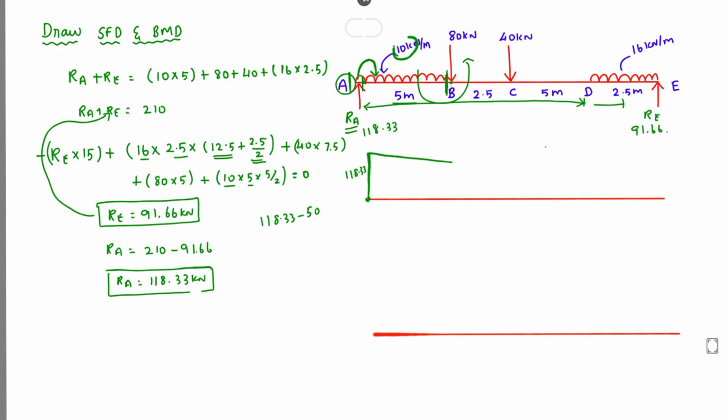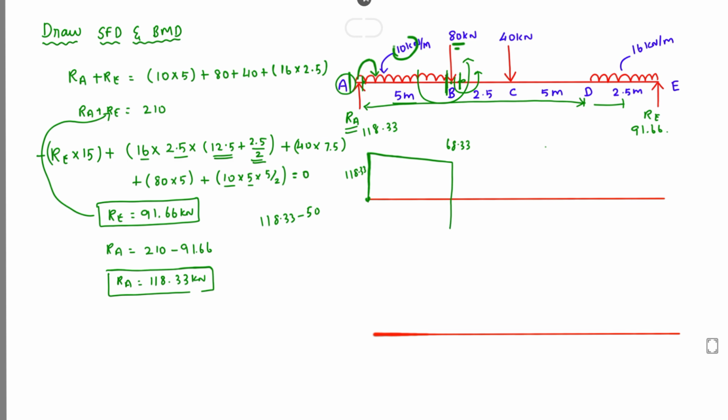Next we take B at the right side. We have the force of 80 kilonewton, which is also anti-clockwise, so we put minus. So 68.33 minus 50, we get the value of 11.67.